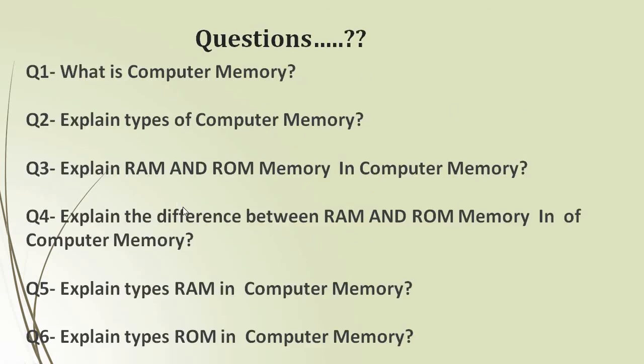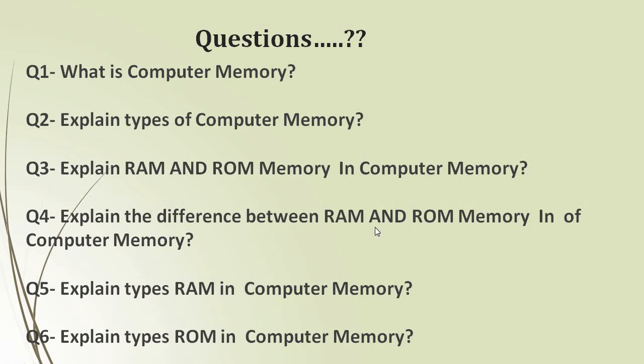Now, questions at the end. We will look at some questions on the basis of our slides, on the basis of our topic of unit 1, that is computer memory. So what are the questions? What is computer memory? Explain types of computer memory. Explain RAM and ROM memory in a computer system.